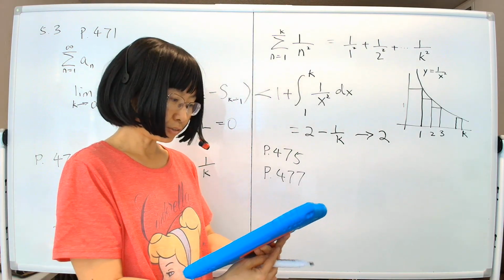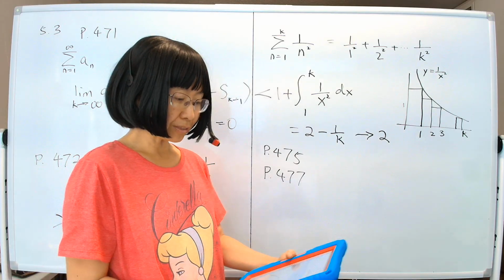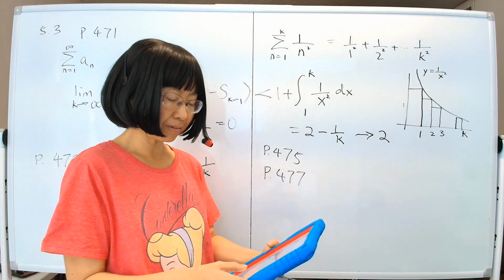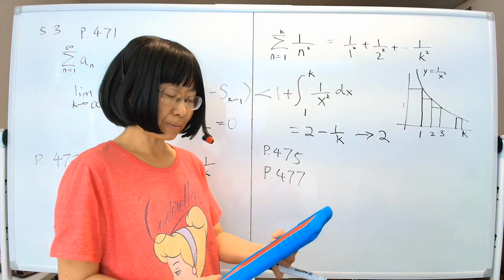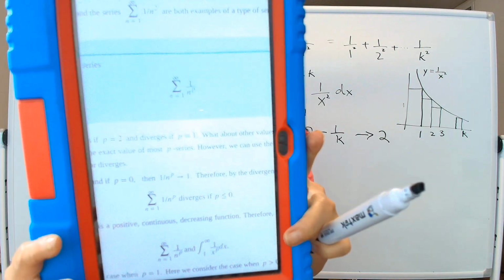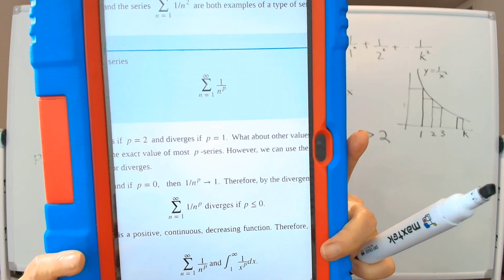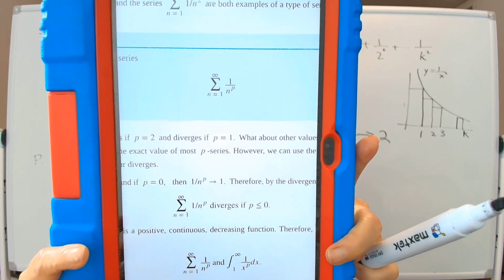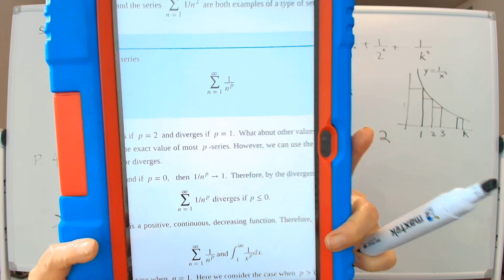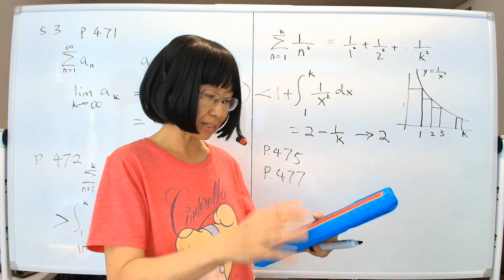Next, let's go to page 477 and look at the p-series. The p-series is a sum of n to the power p, and you add that up. Now that looks pretty simple, and most of the time it is. The p-series will be very convenient in our future attempts at determining whether a series is convergent or divergent.